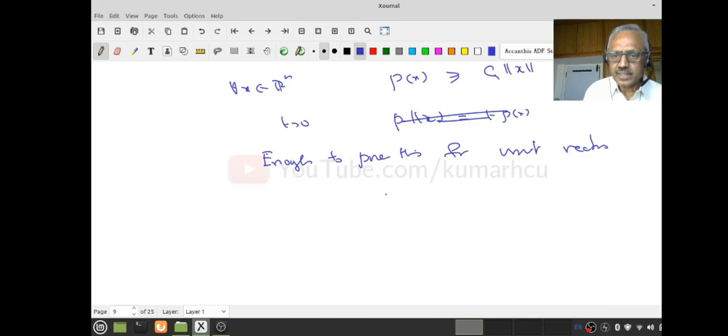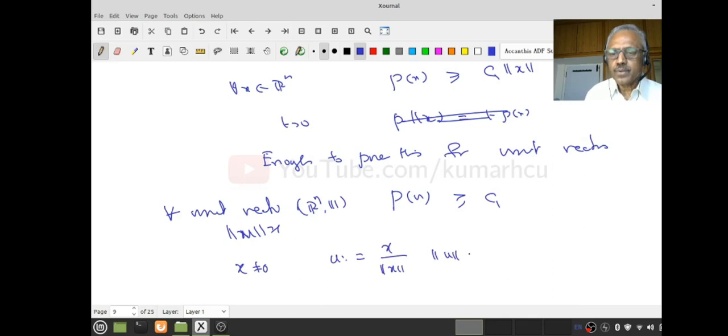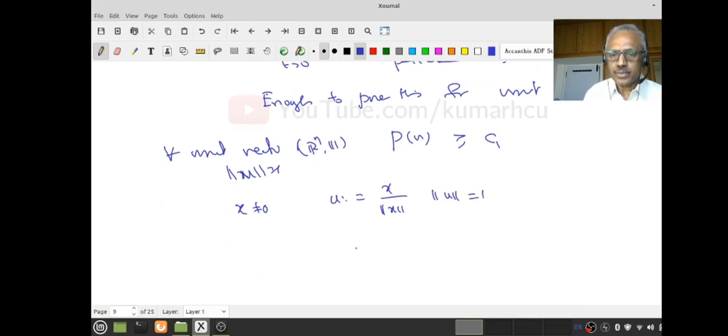That is, I have to prove for every unit vector, that is norm of u equal to 1 in Rn with this norm, that P of u is greater than or equal to C1. Why? Because if you give any non-zero x in Rn, then let's look at u equal to x by norm x. Then norm of u will be 1. Therefore, I know P of u is greater than or equal to C1.